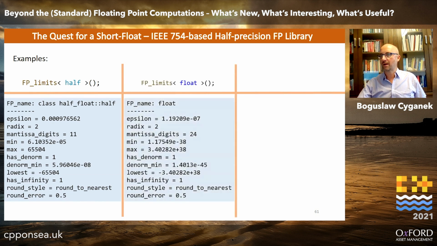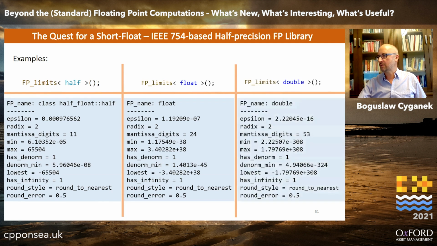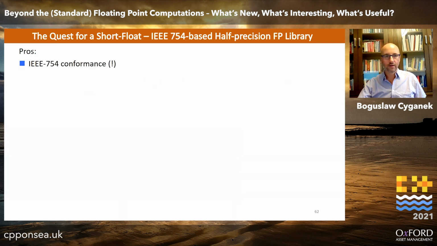So if we run FP limits for float, we have a much bigger maximum value, e+38, and certainly the values are even much bigger for the double type.